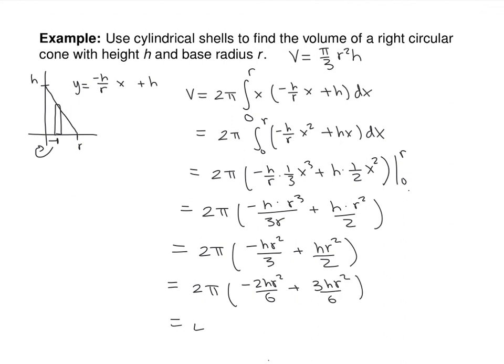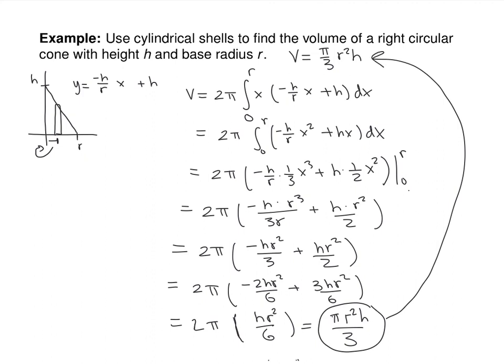That'll be 2 pi times h r squared over 6, which when you multiply them and reduce is pi r squared h over 3, which is the formula that we should know and love. And so once again, this is why that geometric formula is what it is.